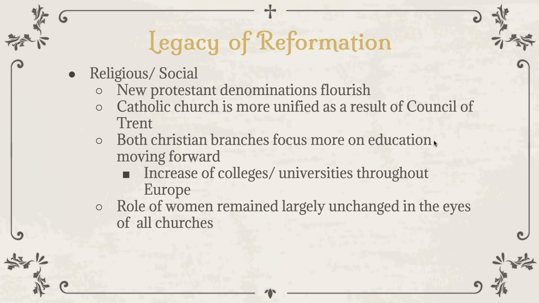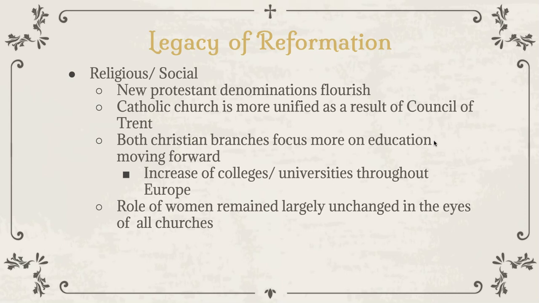So when we think about the legacy of the Reformation, you can break this down a couple of different ways. The most obvious is through a religious or social lens. You now have in Europe all these new Protestant denominations that are starting to flourish, and this is only going to continue into the modern day, where we see lots of different types of Christianity globally. We also see that because of the Council of Trent, the Catholic Church is much more unified moving forward.